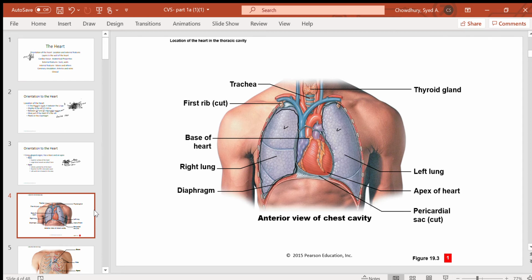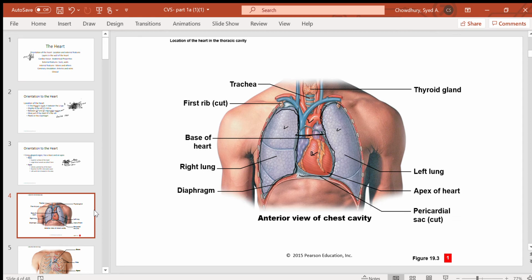So between two lungs, that means between two pleural cavities, you have this space here. This space is called the mediastinum, you remember I mentioned. And if I divide this space between the two lungs into upper and lower part, this is the lower mediastinum, this is the upper mediastinum.